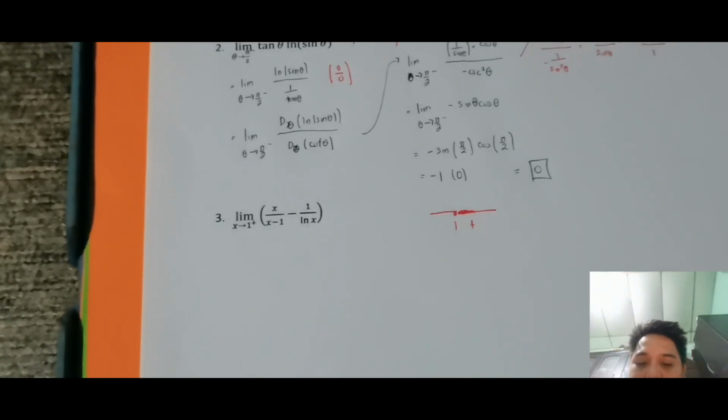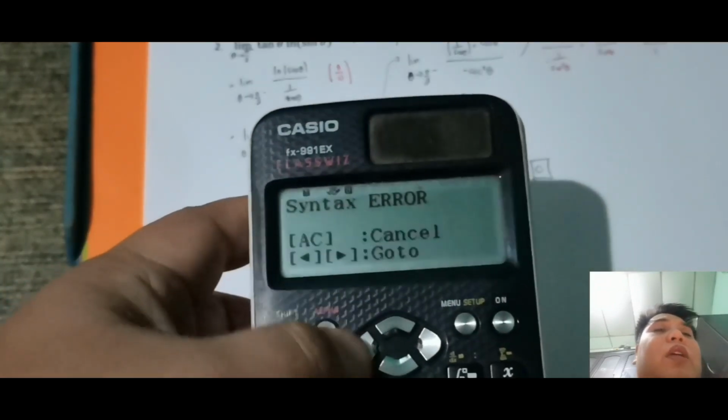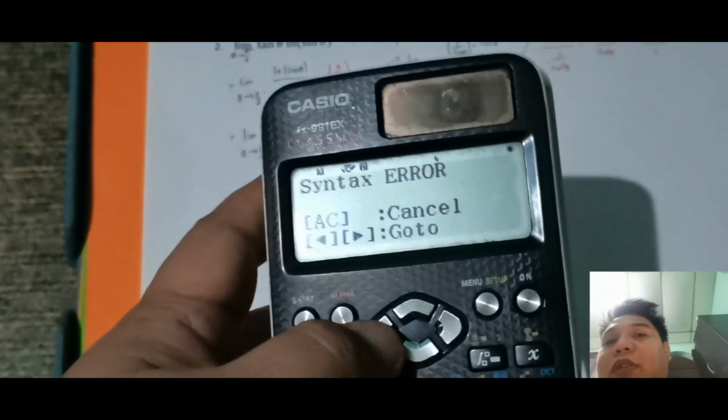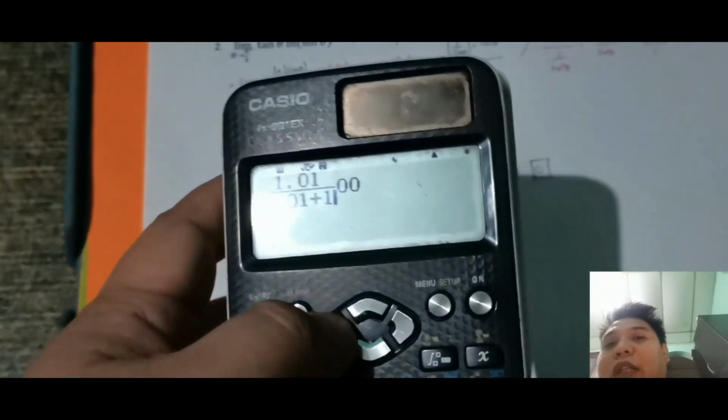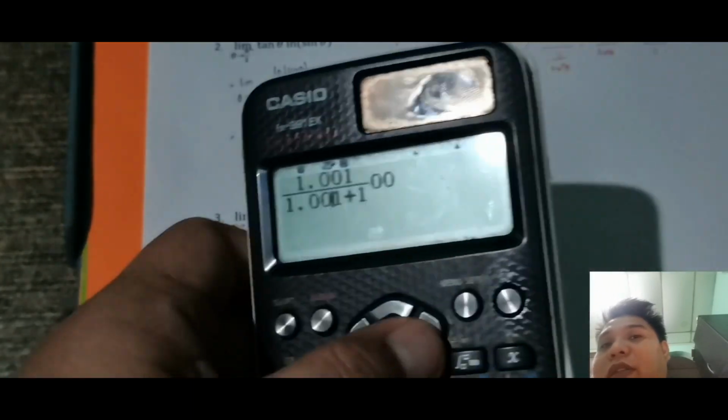Lapitan ko lang lapitan. Una muna natin dalawang 0, isang 0. Check natin. Ayun, syntax error na. Check natin sa 0, kasi may 0 dito. Sorry.